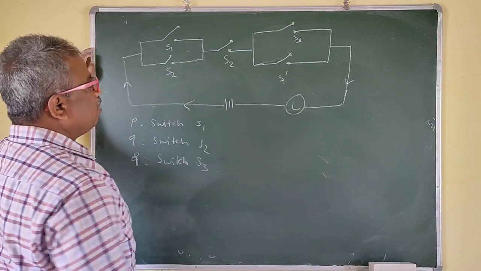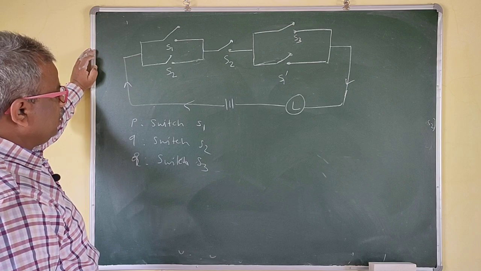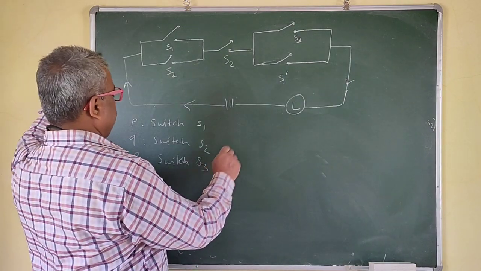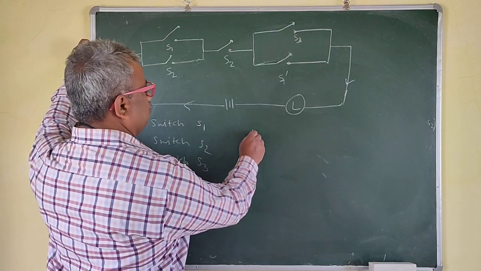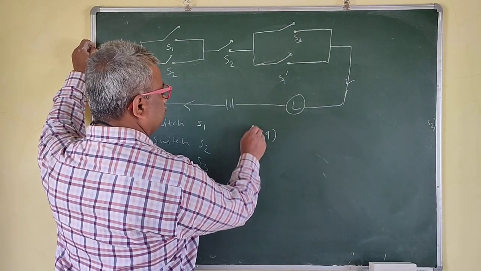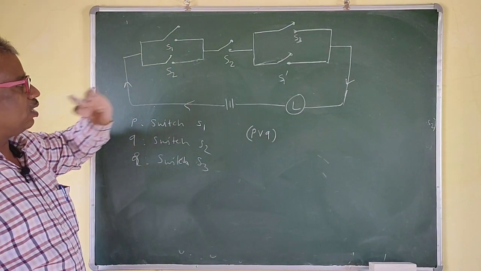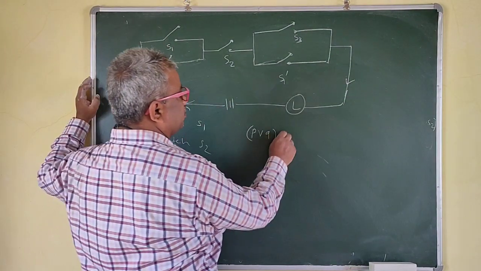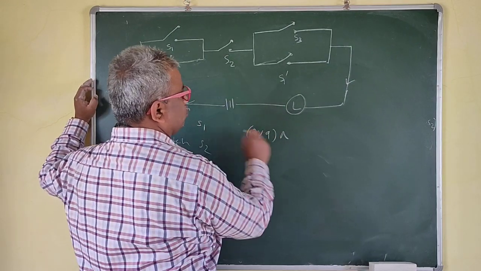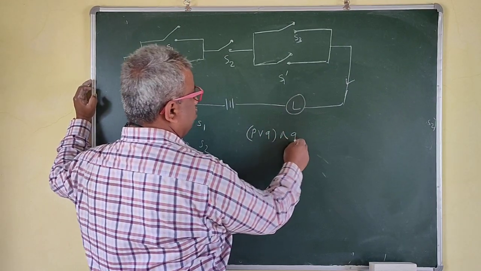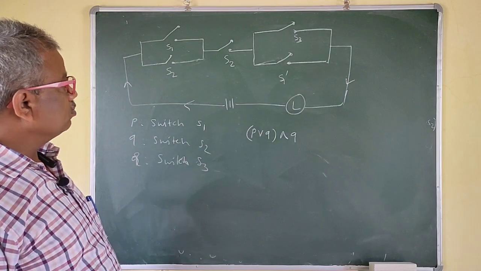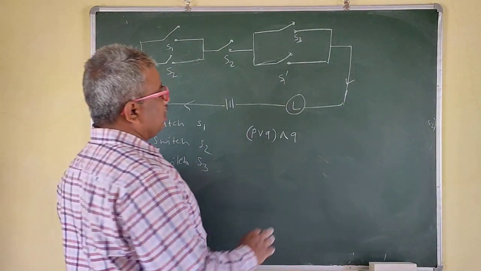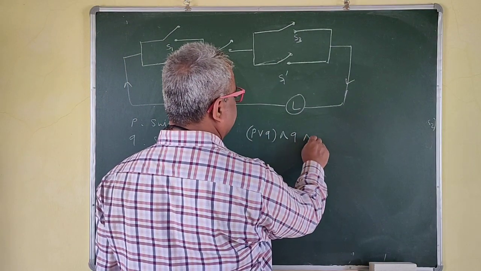Okay. The symbolic form of the given circuit is. So what is this? This is P, R, Q. Then this is in series. This will be S2, that means this will be Q. Then again it will be in series.